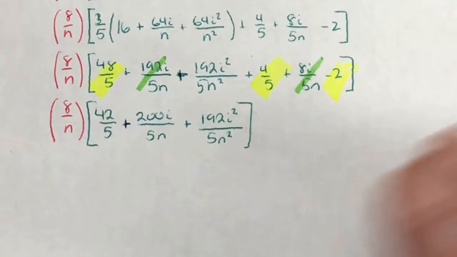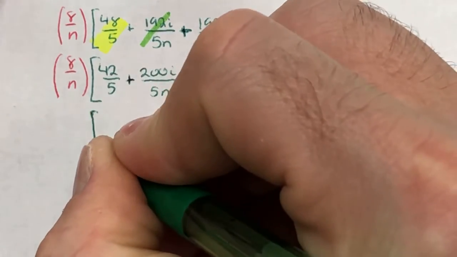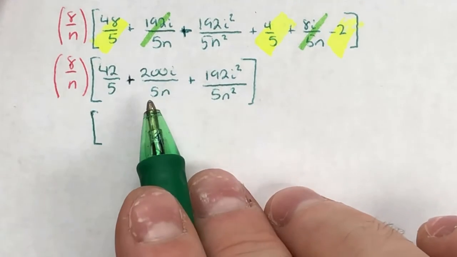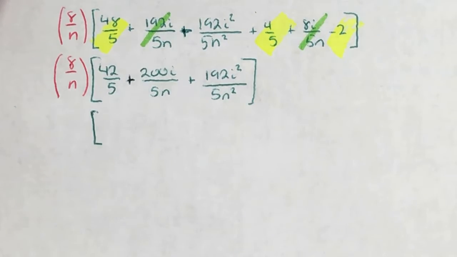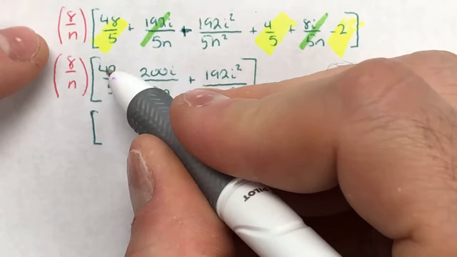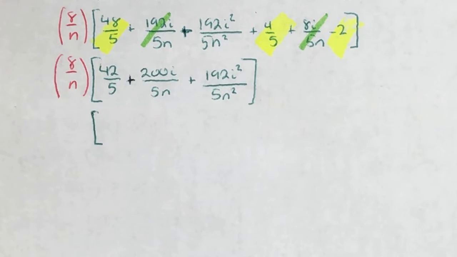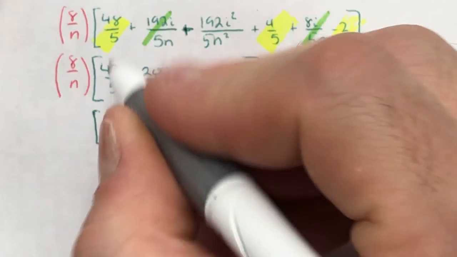You may want to reduce this one step further before we continue, just to make sure we have things as reduced as possible. But we notice that we're probably going to have to get rid of some things here in just a moment. So let's scratch that and just work our way all the way in. So 8 times 42 is going to give us 336.